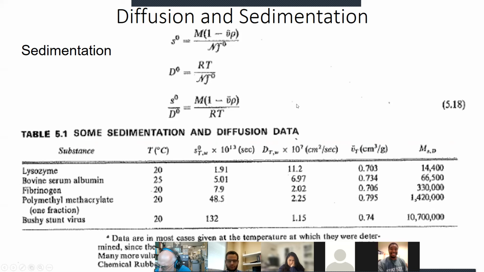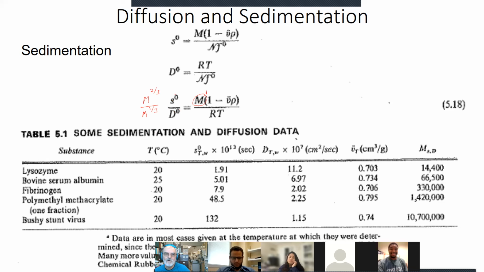Notice something. I meant to say this a little bit earlier. If S goes as the 2/3 power, but S on D gives you M, then this must be M to the 1/3 power. Okay, because the combination of this gives you M to the 1st power.